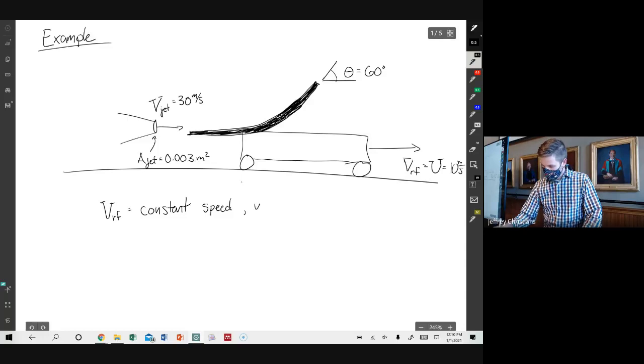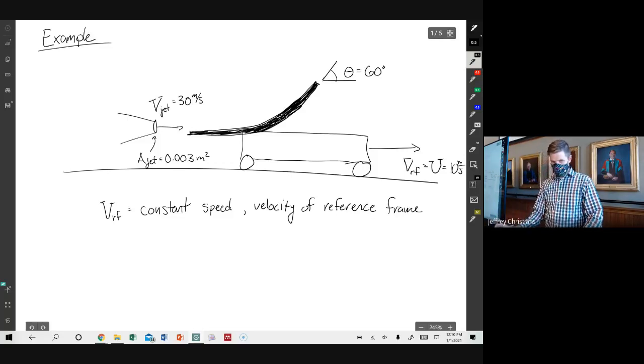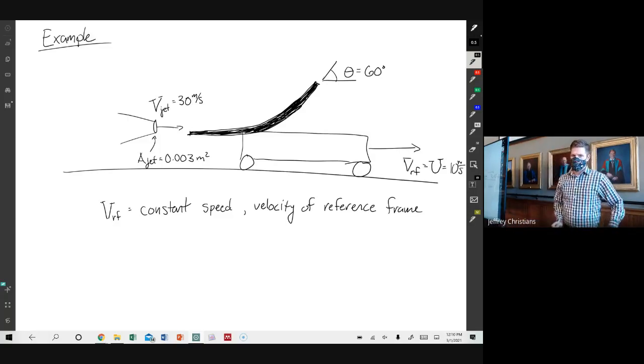It is the velocity of the reference frame.